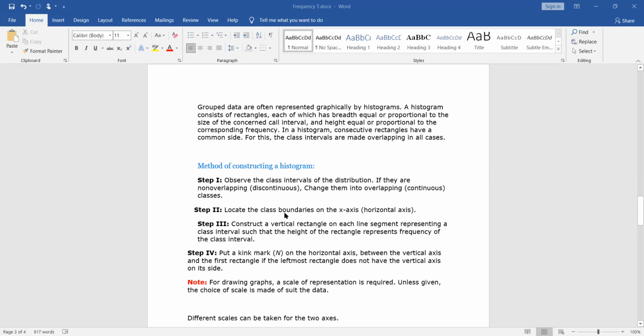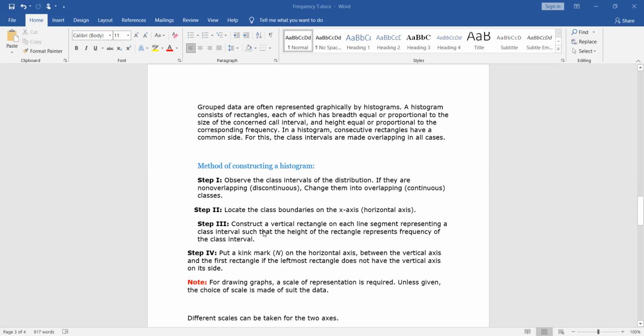Then locate the class boundaries on the x-axis, because the histogram is always formed between the class boundaries and the frequency of the class interval. We create the class boundary by subtracting 0.5 from the lower limit and adding 0.5 to the upper limit, as we have done in the previous video.